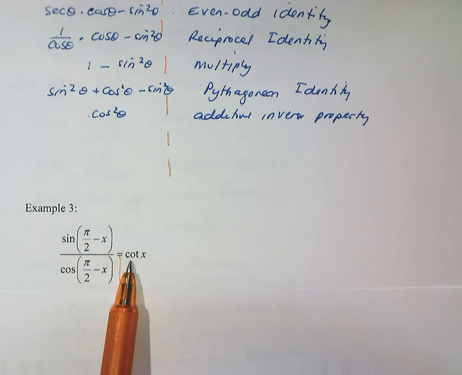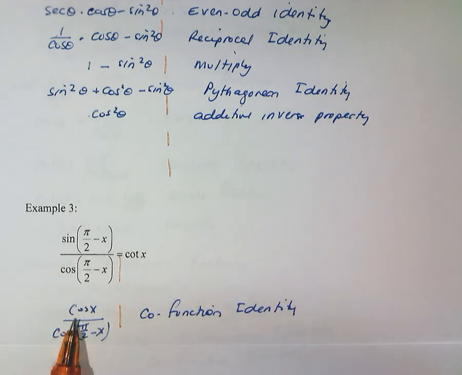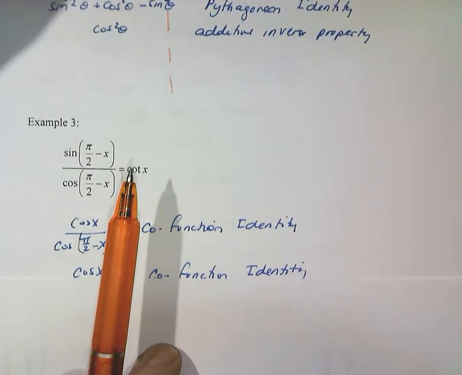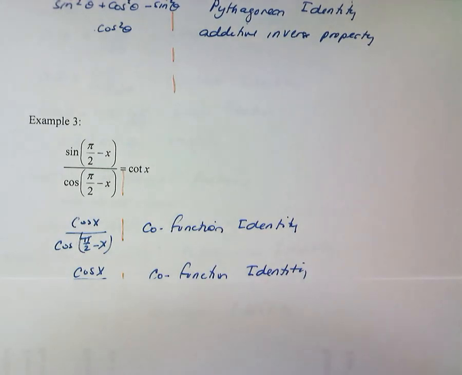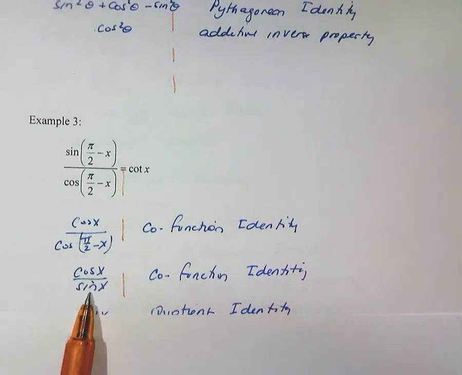So if I want to end up with a cotangent, I have to start thinking I want something with cosine over sine. So the first step is I'm going to replace sine of pi over 2 minus x with cosine x. That's my co-function identity. Then I'm going to replace cosine of pi over 2 minus x with sine x.